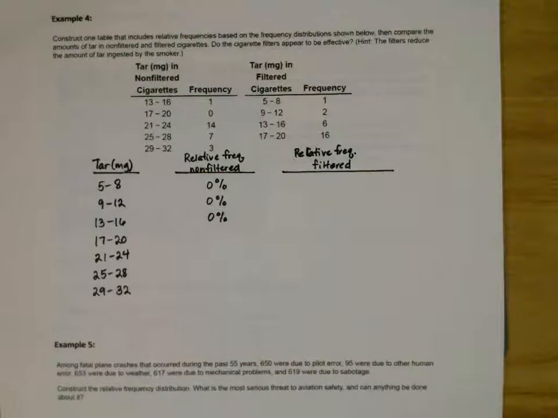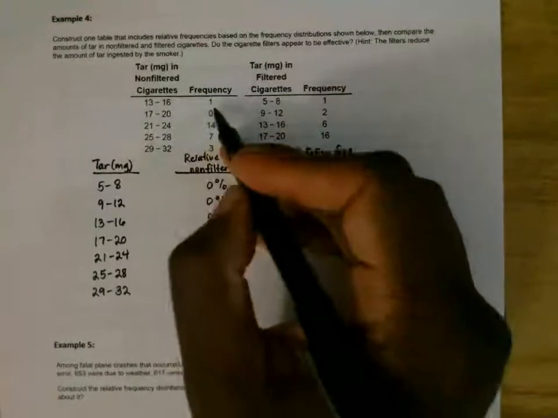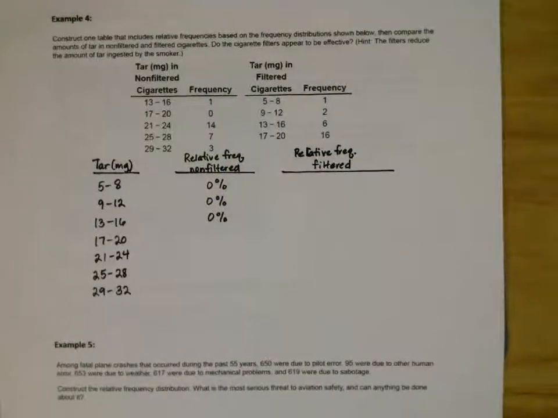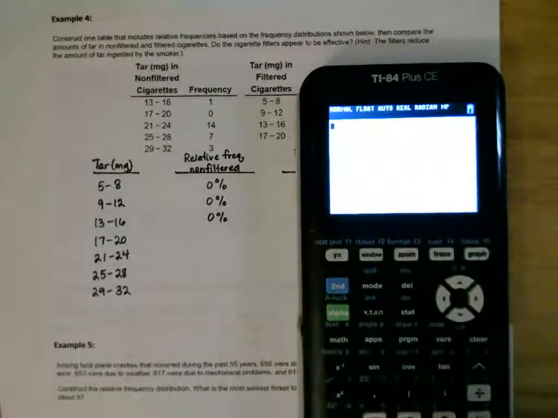Okay. Now, for 13 to 16, notice for the non-filtered 13 to 16, there's only 1. But we want the relative frequency. It has to be a percent. So in this case, we'll take that frequency of 1.